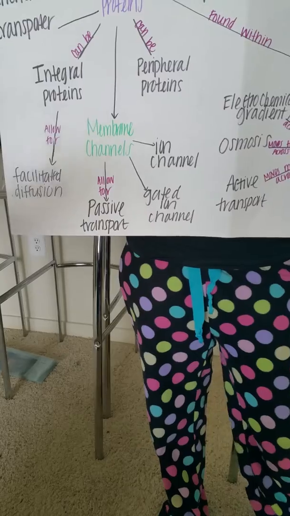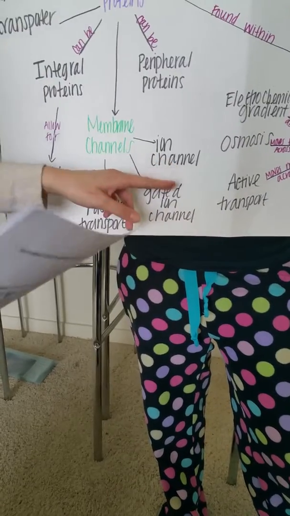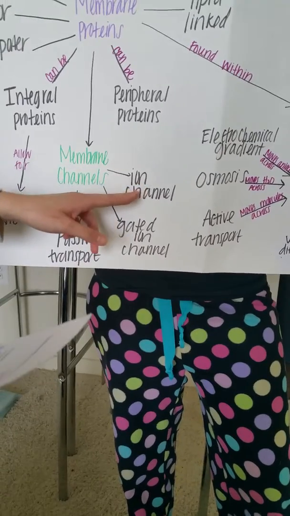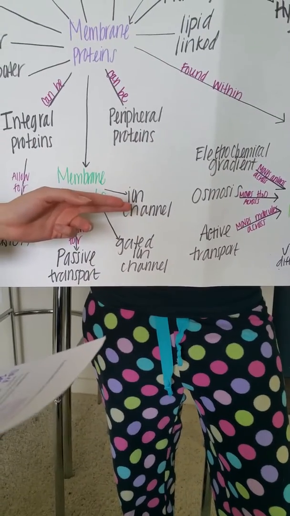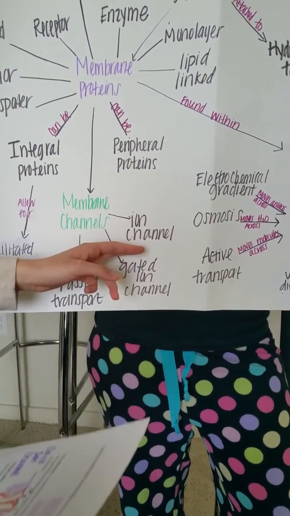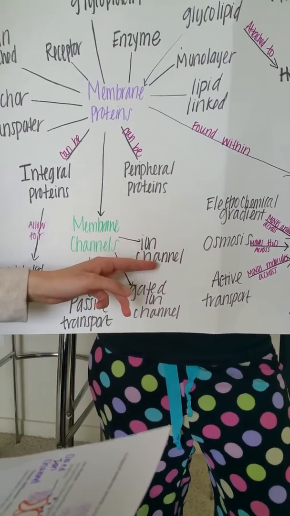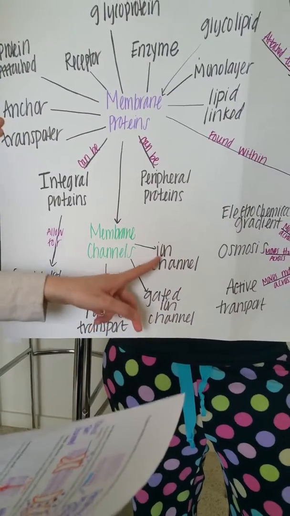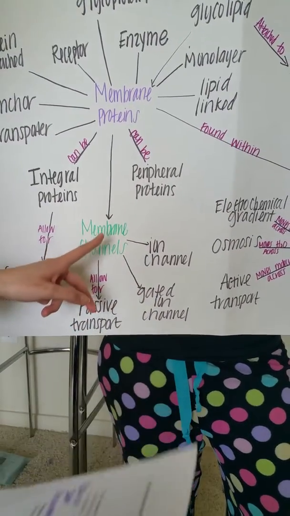Types of membrane channels are just your regular ion channel here. It's a protein or a protein complex that forms a water-filled channel across the lipid bilayer through which specific inorganic ions can diffuse down the electrochemical gradient.